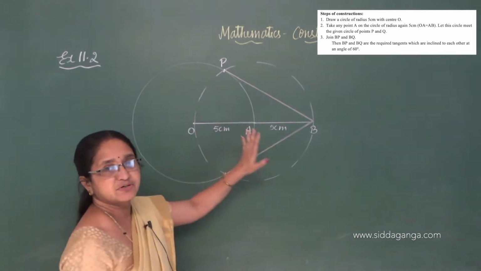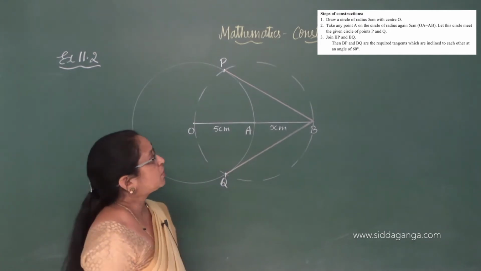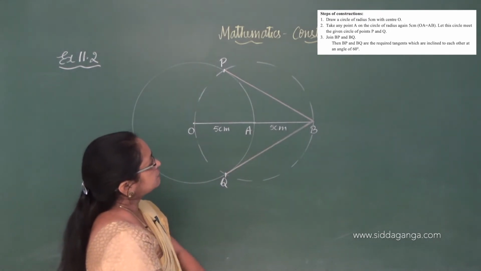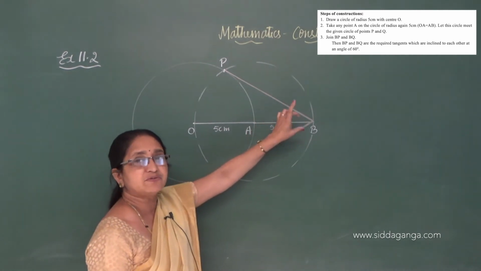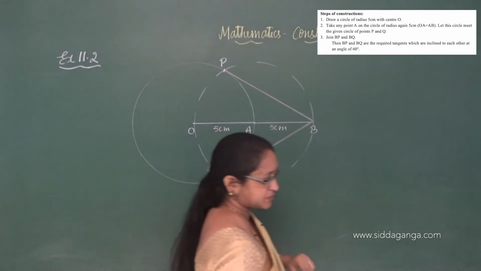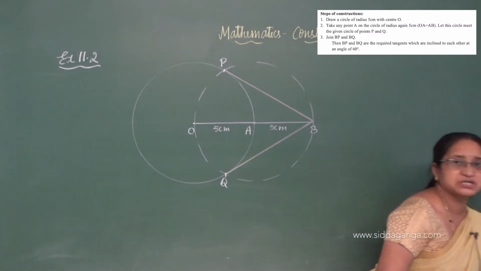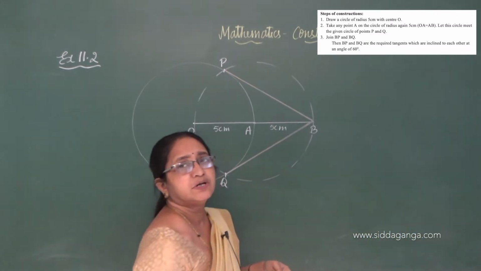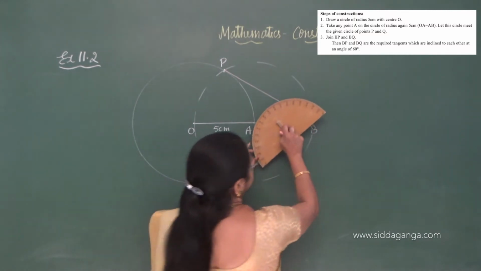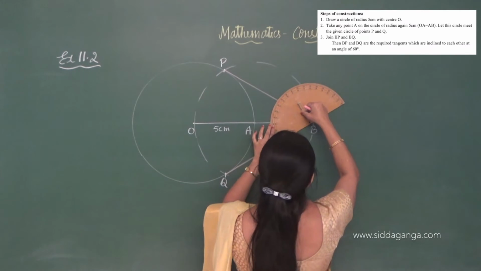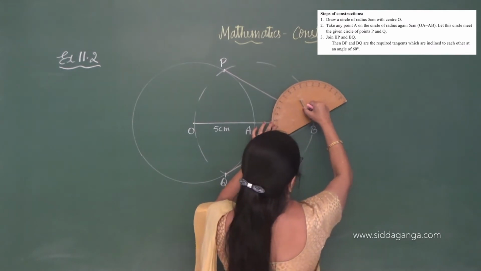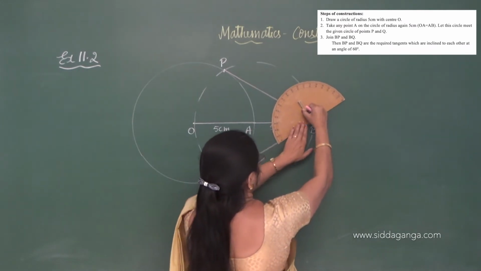The given circle is of radius 5 centimeter, and they have asked that the two tangents be inclined at 60 degree. So you can measure in your books and find out if it is correct. See, I will keep this and measure.